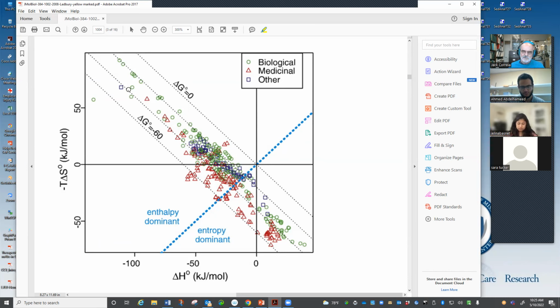The argument is that you don't want it to bind too tightly. You want it to be reversible and regulatable. And so a modest affinity is reasonable, okay?